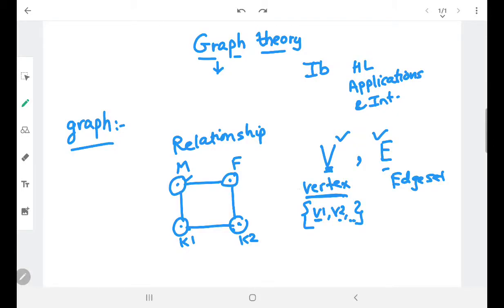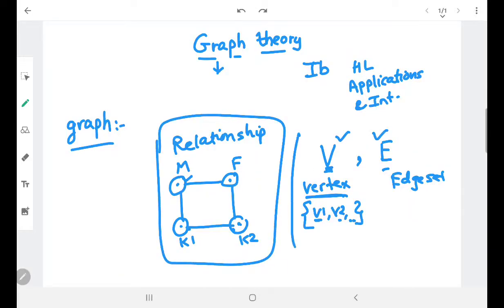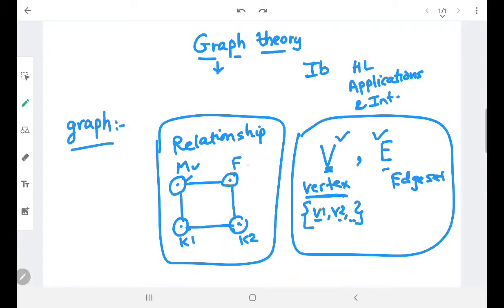Now if I try to match this graphical definition with this mathematical definition of a graph, the vertices here will be M, F, K1 and K2. And if I talk about the edge set, this is one edge, so the edge set will have one connection here.